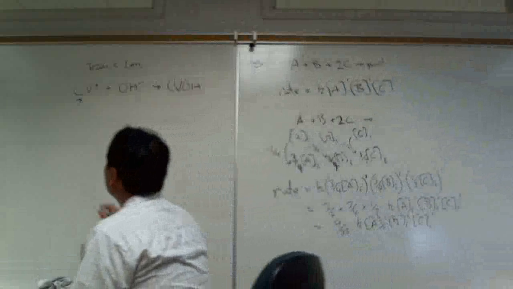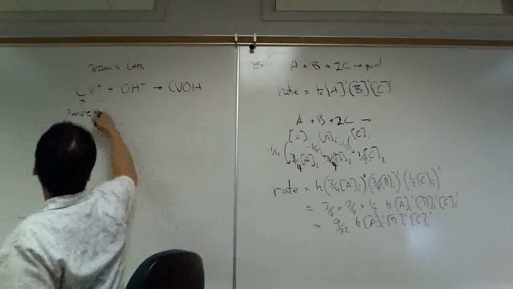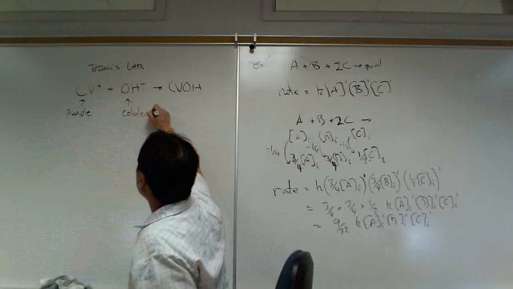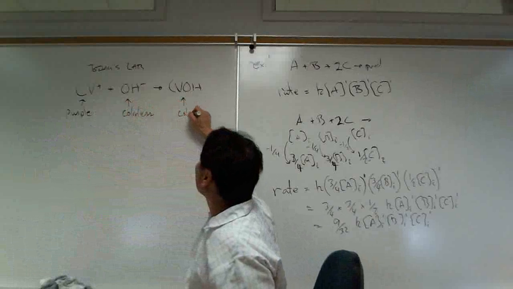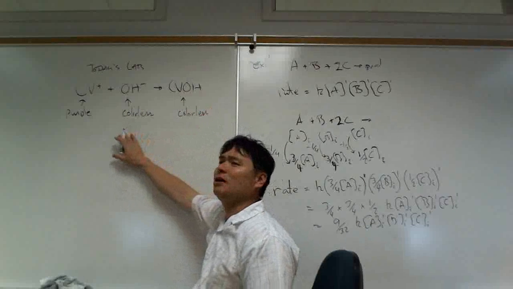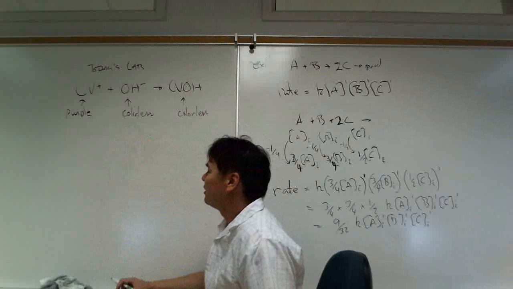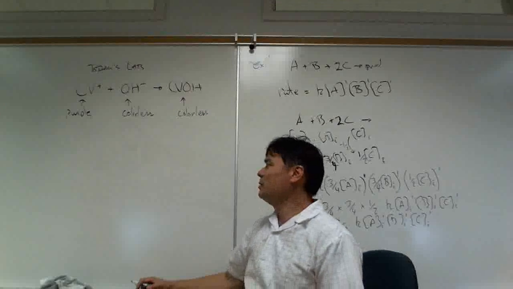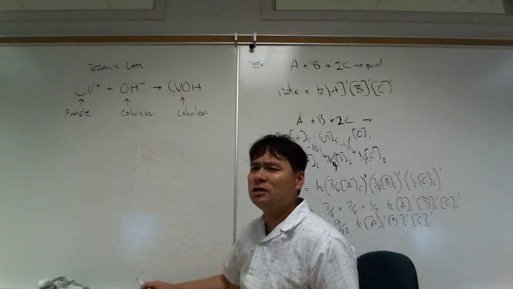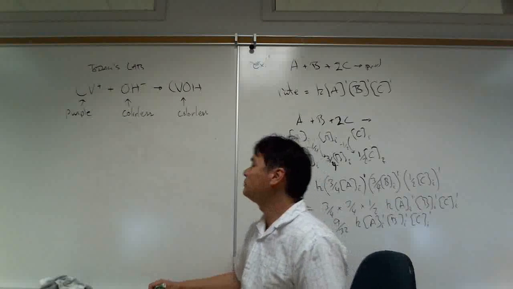And so visually, we could follow this reaction along because crystal violet starts off as purple, hydroxide is colorless, and crystal violet hydroxide is colorless. And so as the reaction proceeds, we lose the purple color, and it becomes colorless. And the color just fades. And so we could track the progress of reaction by just watching the crystal violet color disappear.